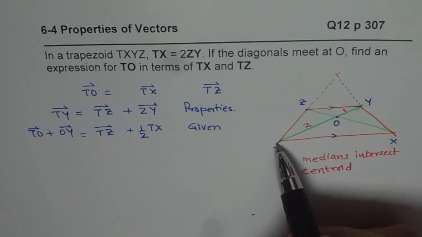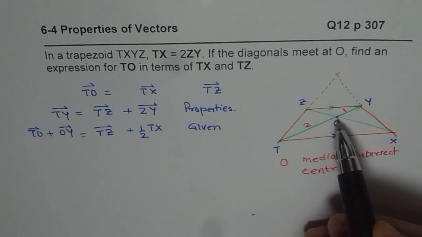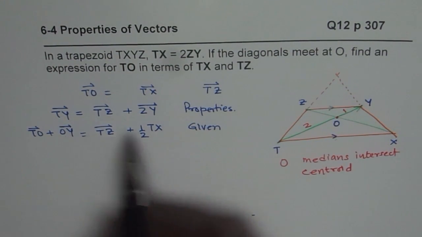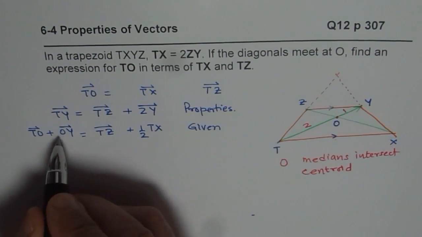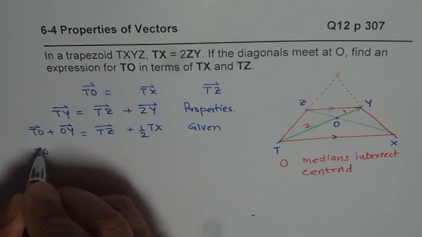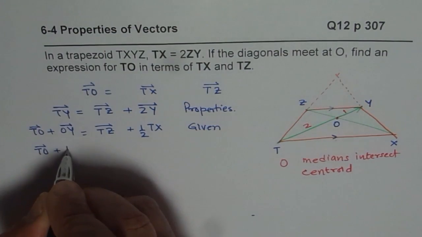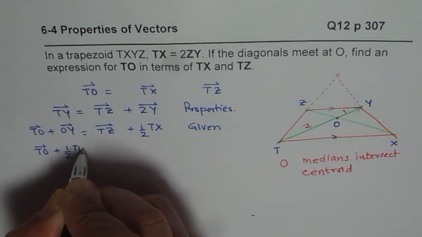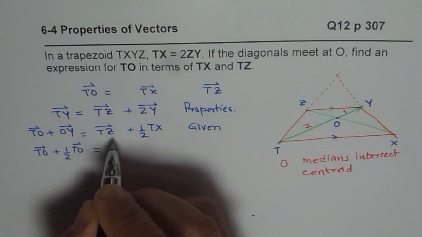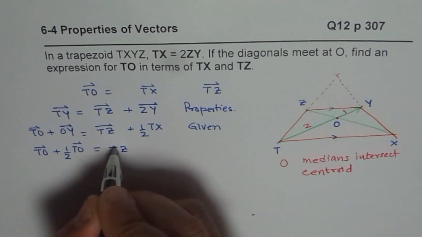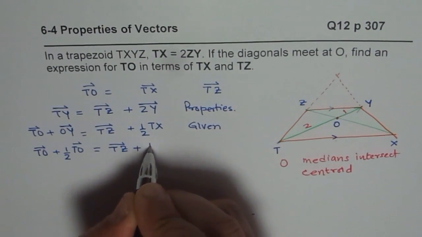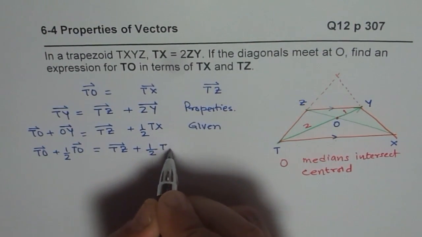So OY is half of TO. So TO plus half of TO is equal to TZ plus half of TX.